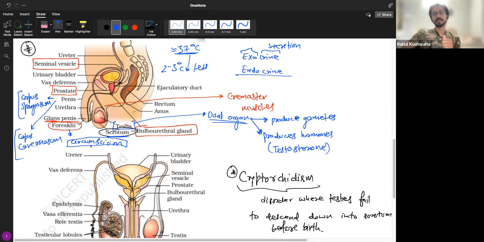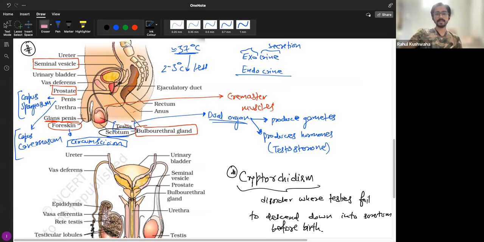But circumcision should be done at a particular age, not at any given age, because after one point of time, doing circumcision can also be harmful and can cause infection to the penile structure itself. Okay, cool. So as we go forward, there is this seminal vesicle, the glands I'll talk about later.